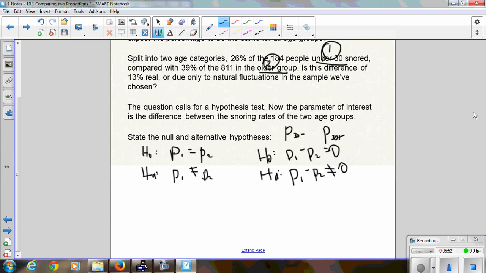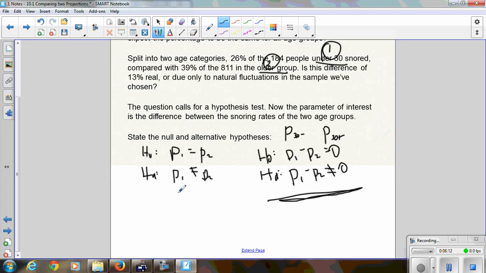When you're dealing with a difference in proportions, you can express your null and alternative hypotheses either way. I do think it's easier, with the rest of the notation that we're going to be using, to be consistent and describe your hypotheses as a difference between the two proportions.